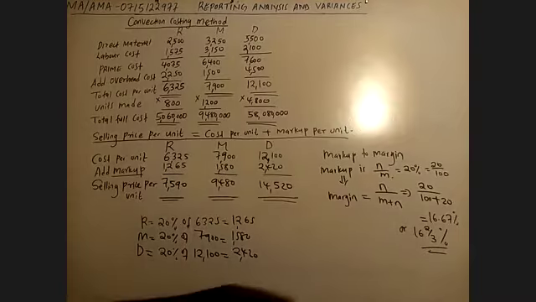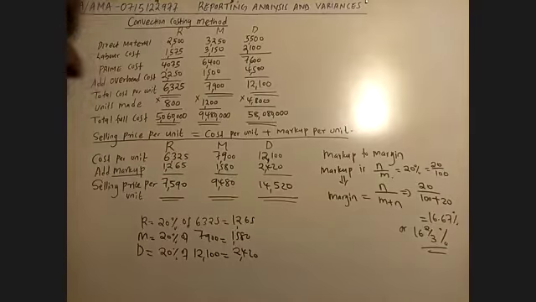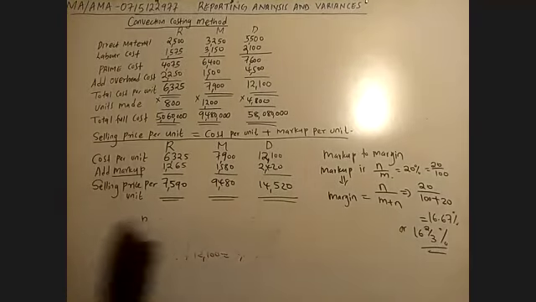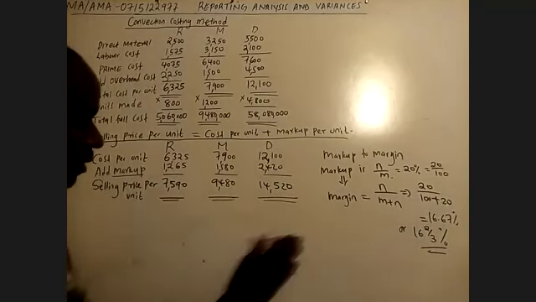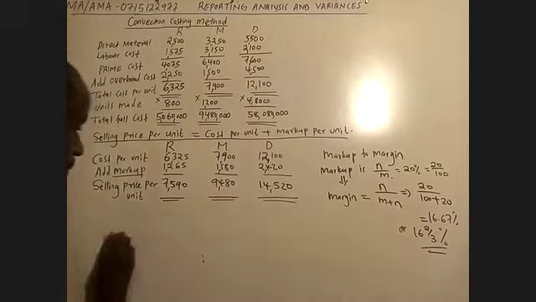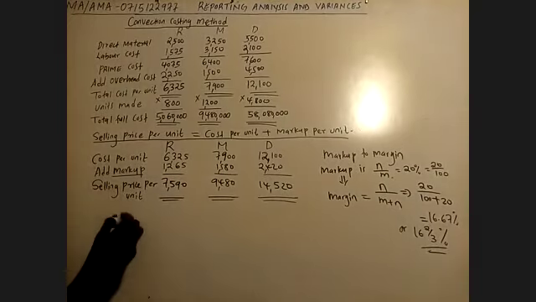Now let us assume you have this margin and you want to get markup. Let us assume that we have the margin as 16%. Now this is the formula from margin to markup.